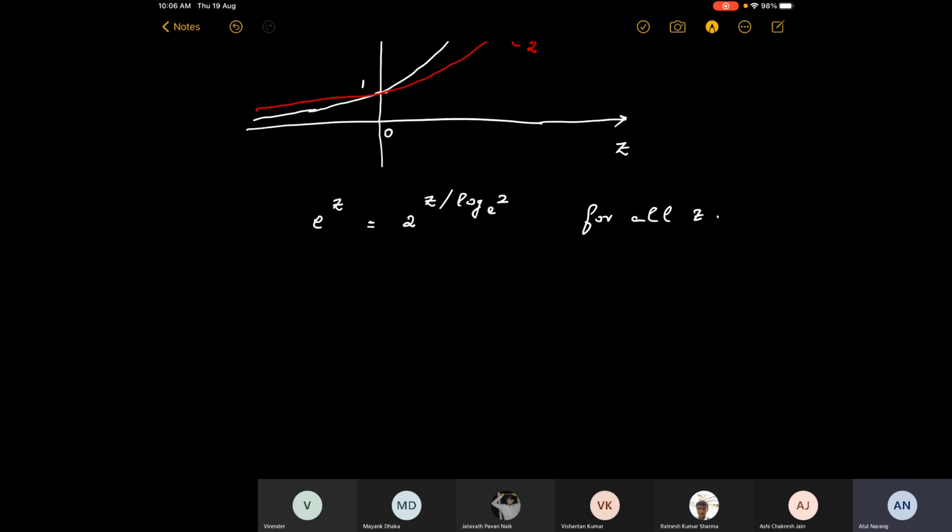And why is that relationship true? Well, just check it out. Take the natural log of both sides. The left hand side will give you z times log e to the base e, and the right hand side will give you z divided by log 2 to the base e multiplied by log of 2 to the base e.